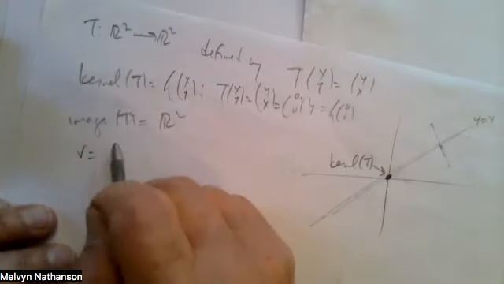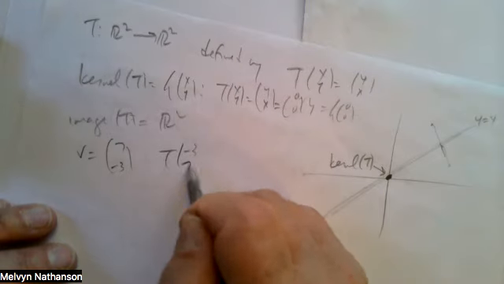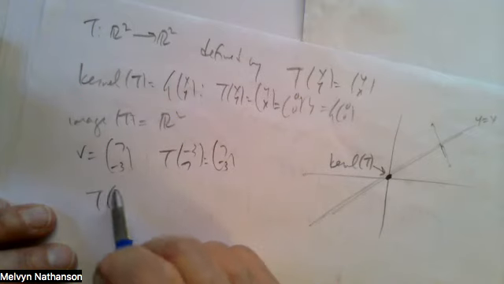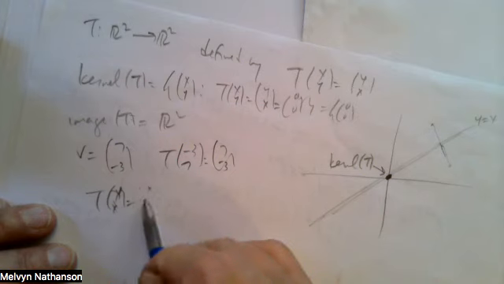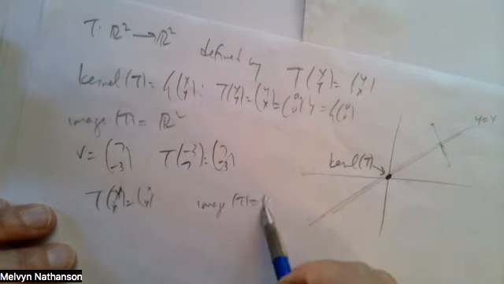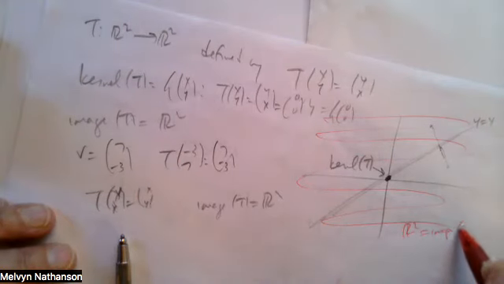It's all of R2. Because if you take any vector like (7, -3), T of (-3, 7) is (7, -3). In general, T of (y, x) is (x, y). So all of R2 is the image of T.